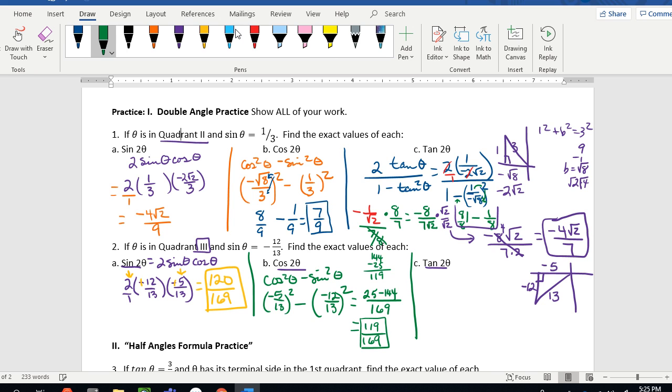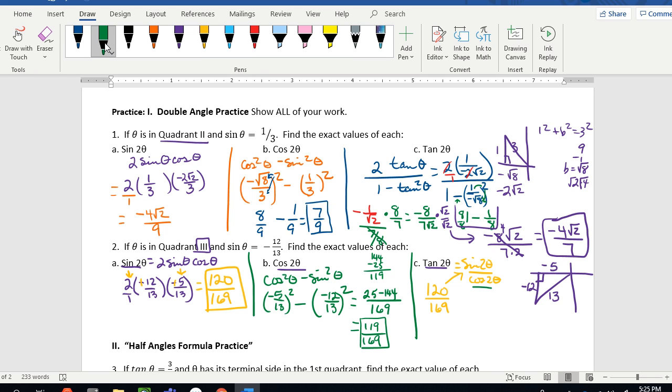All right, so I have these two answers in yellow and green. So I can take sine over cosine. Sine of 2 theta over cosine of 2 theta. I know them, so why not? That's going to give me 120 over 169. That's the sine. And the cosine, I'll color code it.